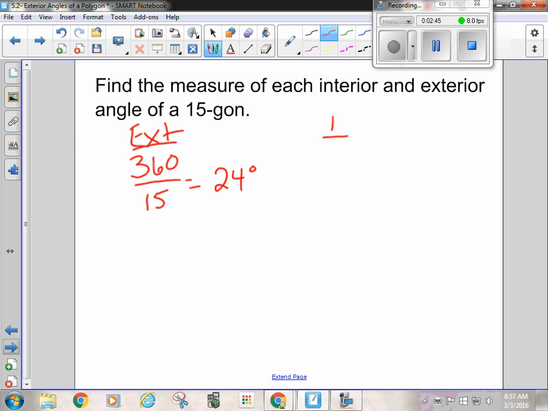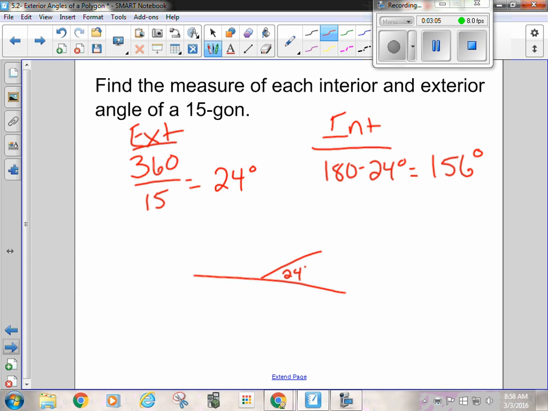The interior angle we can find very easily because remember that they are supplementary. So if my exterior is 24, I can just take 180 minus my 24 to get my interior angle. So that tells me my interior angle is 156 degrees.